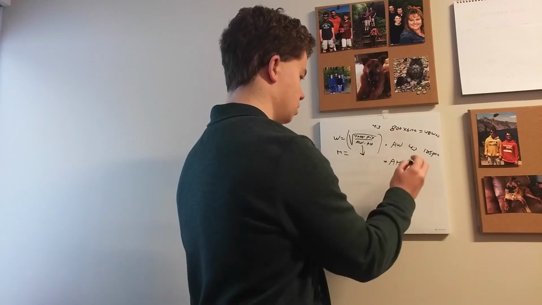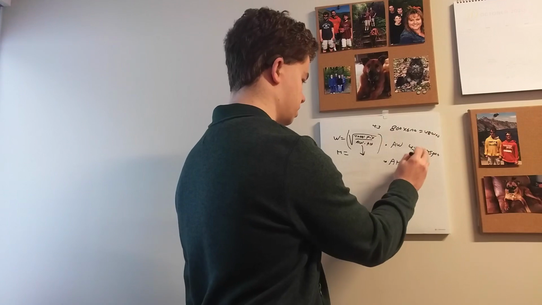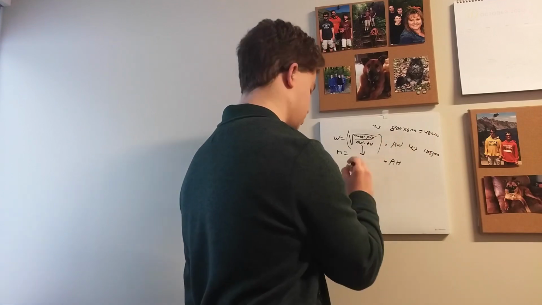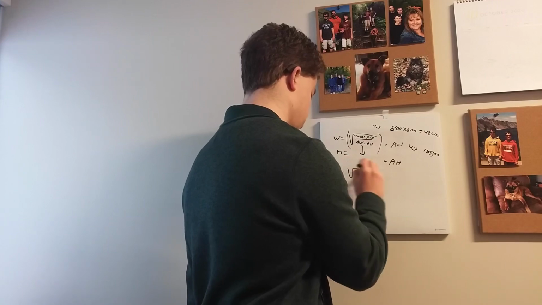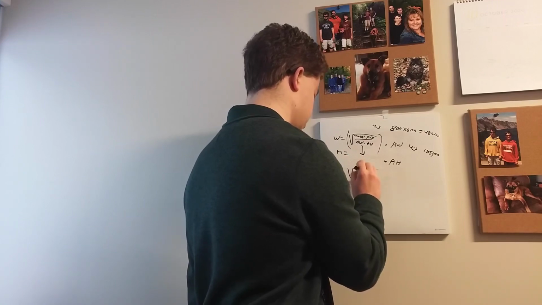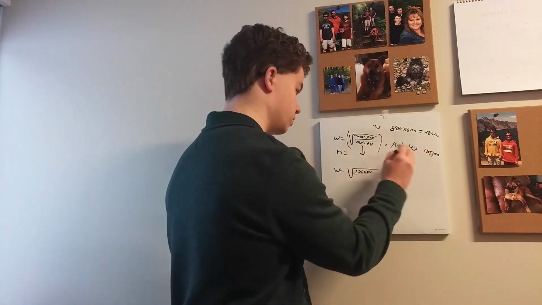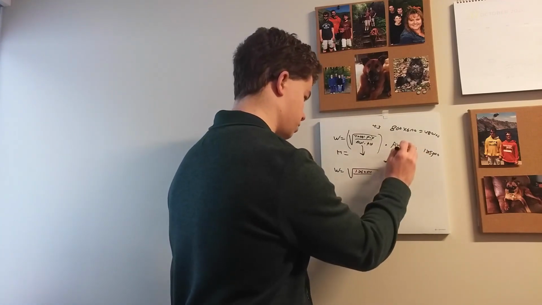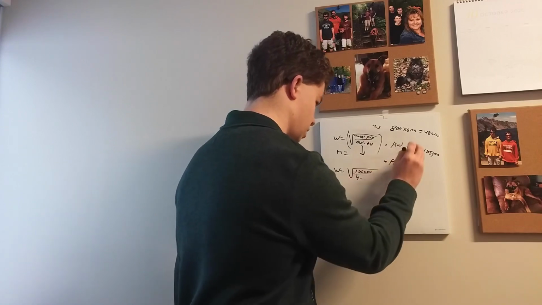So the total pixels in this case should be 125,000. So the width is equal to the square root of 125,000 divided by 4. The aspect width is 4. The aspect height is 3.